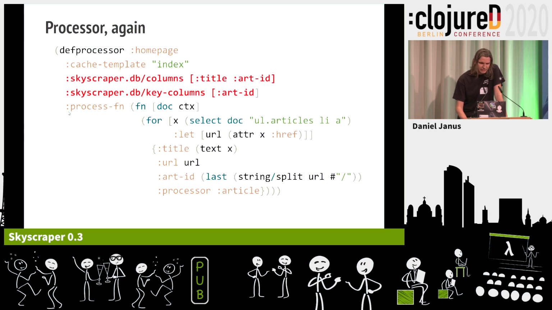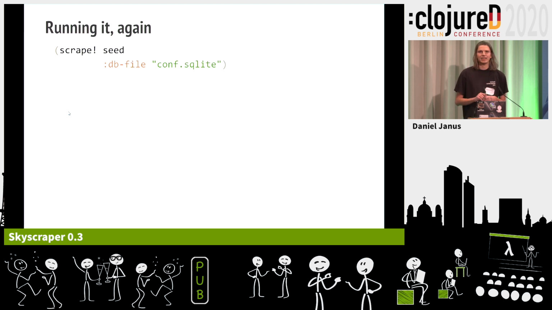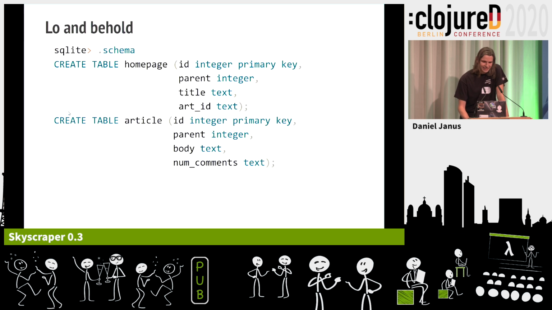New in this version of Skyscraper is you can put these little things here called skyscraper/db-columns and skyscraper/db-key-columns. It's just a vector of fields that you have in your maps. Now, when you rerun Skyscraper and pass it the db-file argument, out of the blue, out of nowhere, it creates a SQLite database that you can then connect to with a SQLite client and look at the schema, and it has created a table automatically.